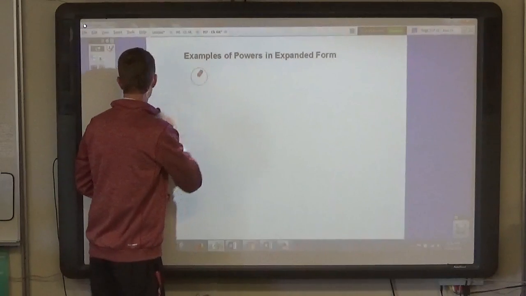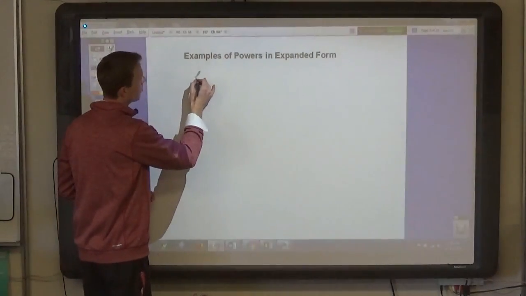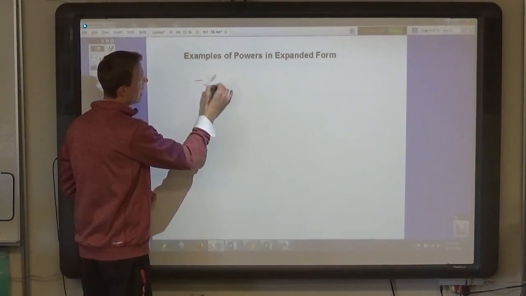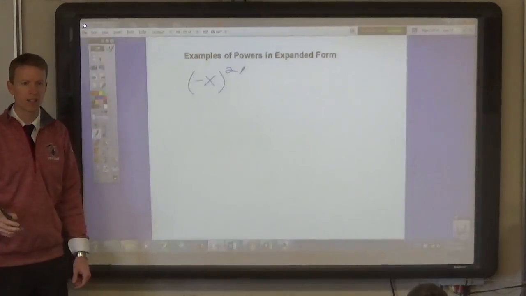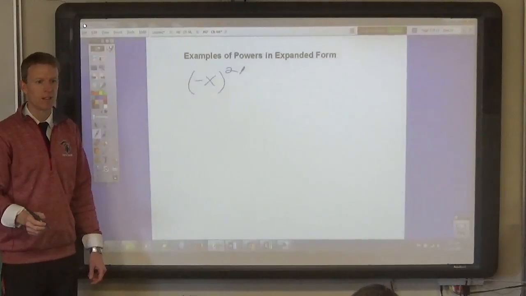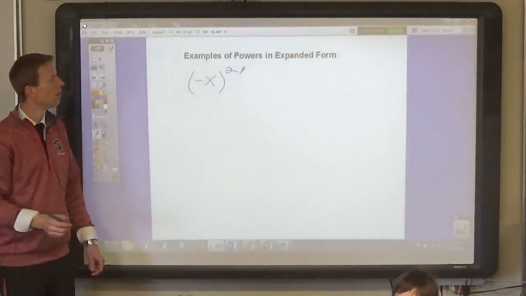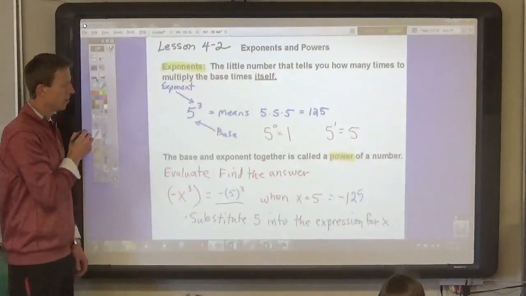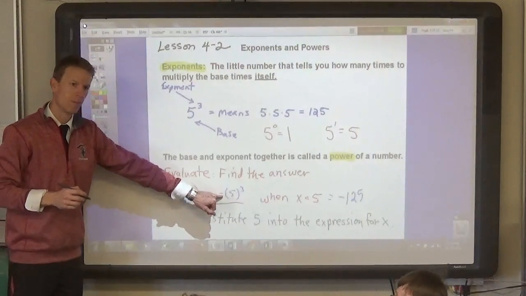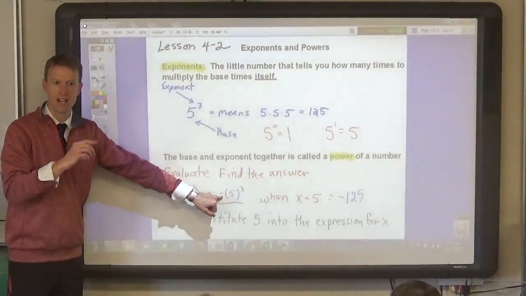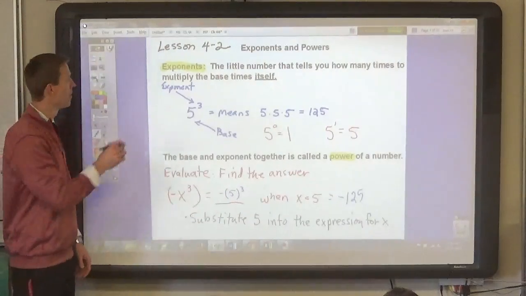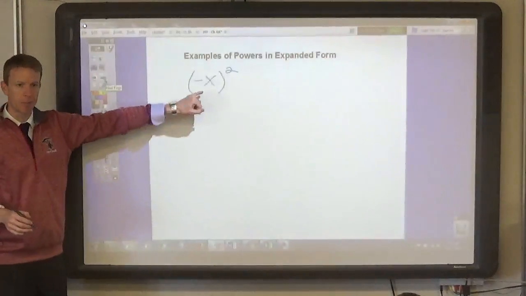This is negative x to the 2nd power. Yeah? I have a question on the last one. If the negative sign is outside the parentheses, what if the variable equals another negative number? Oh, we'll go through that as well. I'll give you an example of that as well. Let me show you this example.